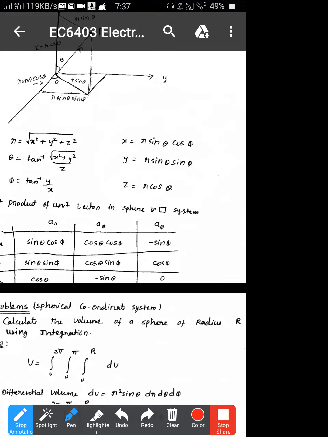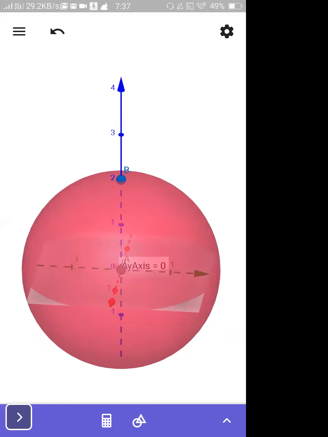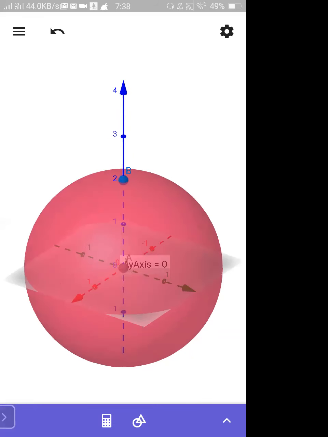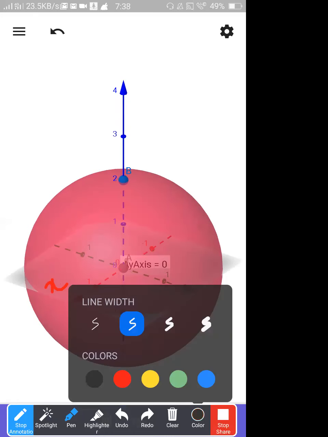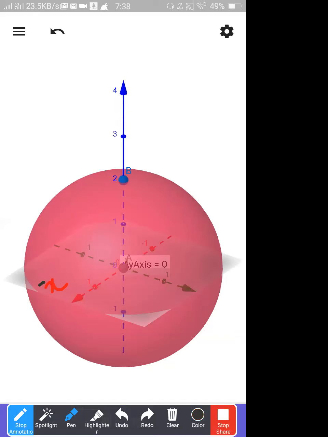Now I have already drawn here a sphere. Already you know this is the x-axis, this is the y-axis, this is the z-axis. First I am going to visualize x equals r sin theta cos phi.